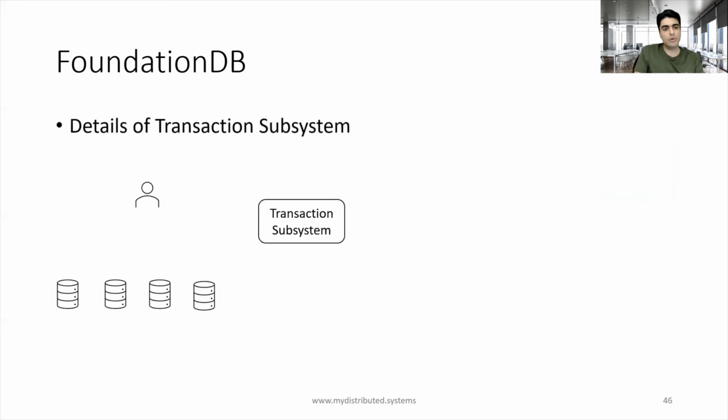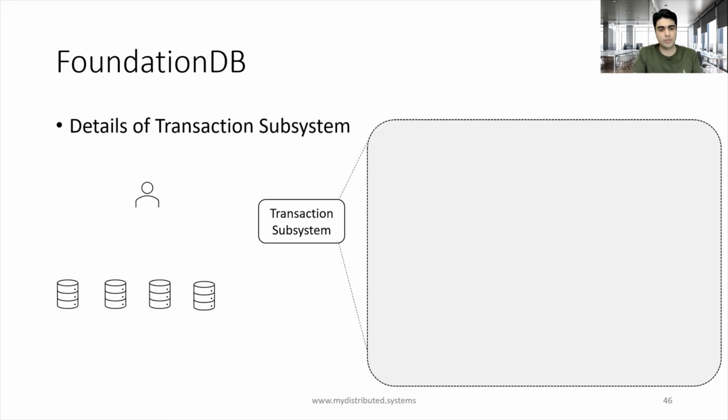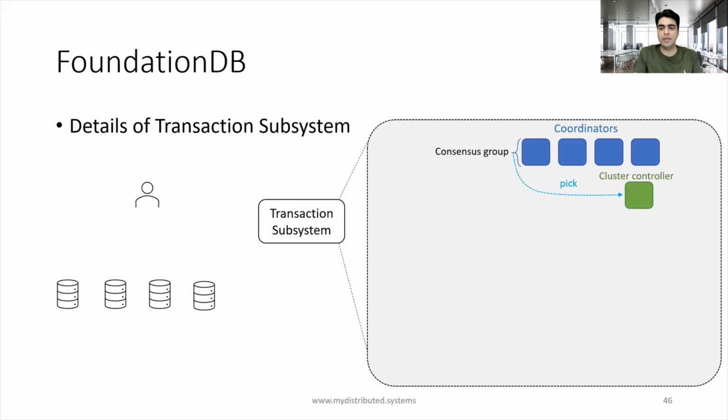Okay, so now let's go to the details of the transaction subsystem. In the transaction subsystem, we have a set of coordinators. These coordinators run a consensus protocol, for example Paxos, and they pick a cluster controller. Any component in the transaction subsystem will register itself to this cluster controller.